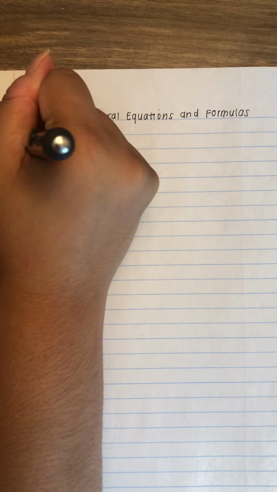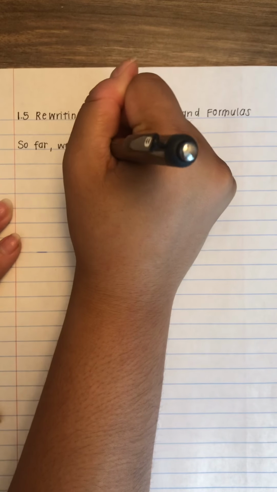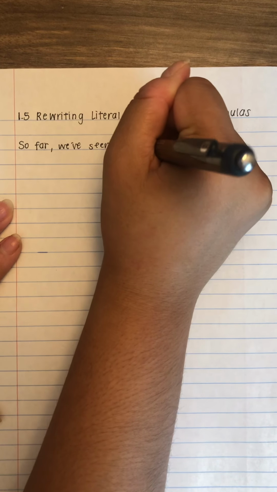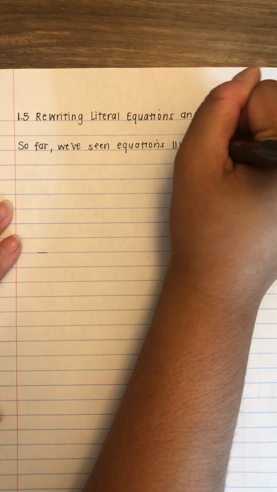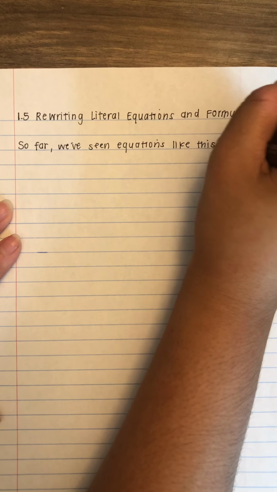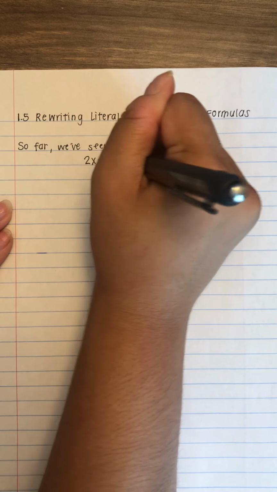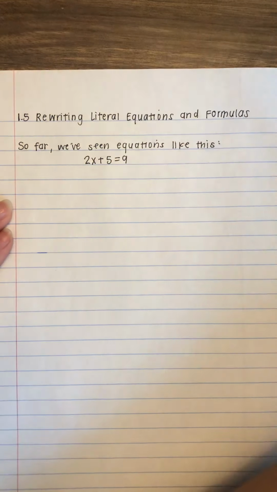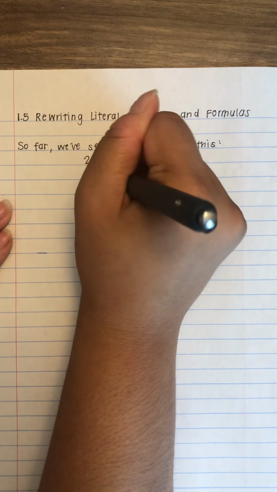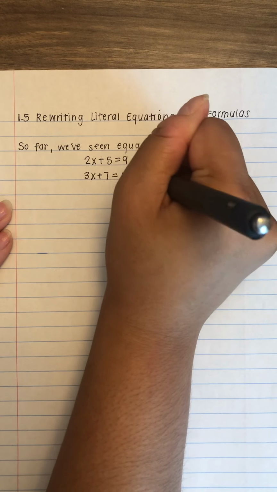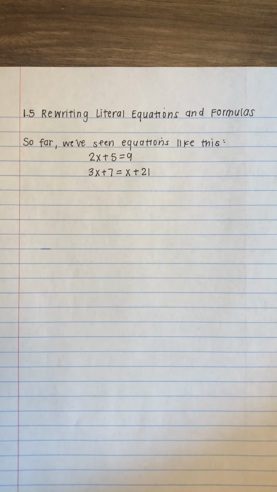So far, we've seen equations like this. So we've seen something like 2x plus 5 equals 9, or something like this, 3x plus 7 equals x plus 21.